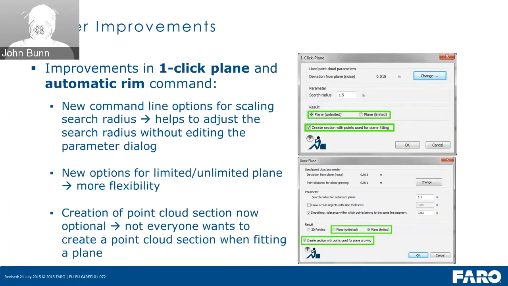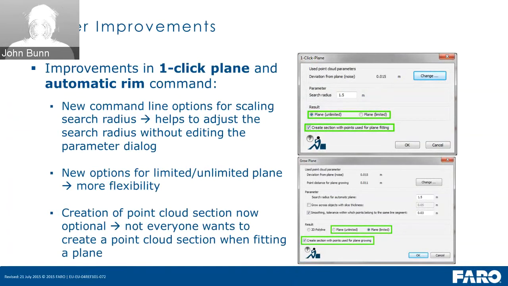The other thing that we've added is the ability to no longer create sections by default, or without the user being able to turn that off. So you have a new checkbox here where you can either create the section in the point cloud manager or in the section manager, or if you uncheck it, which I usually do, it will not do that. So typically I keep that unchecked.